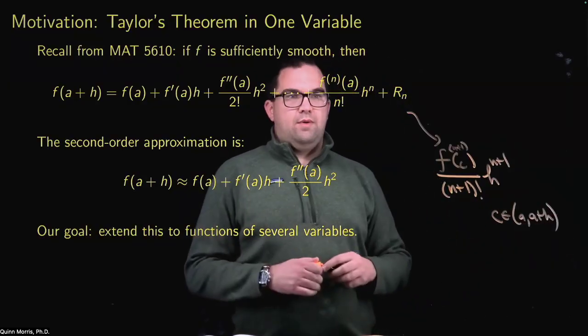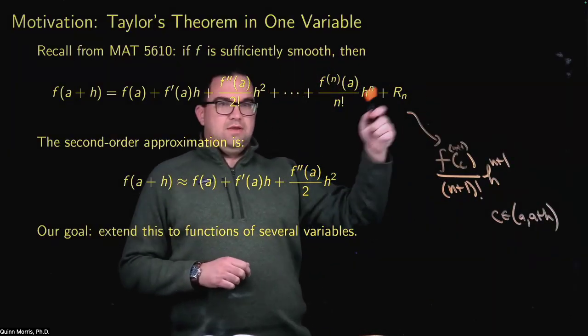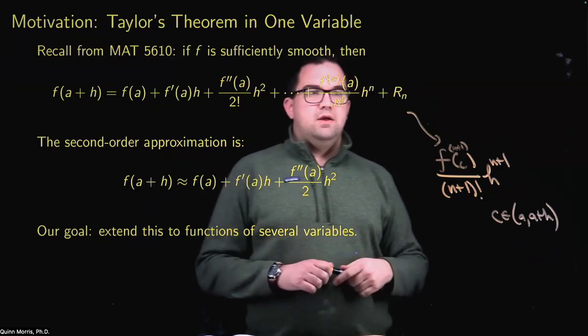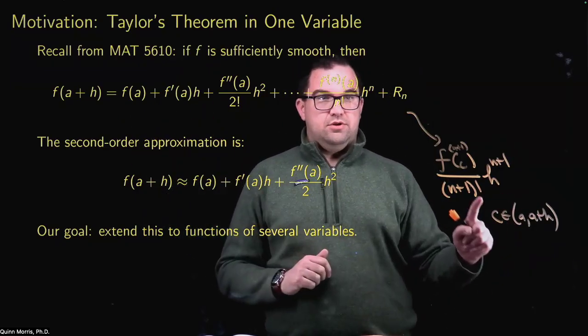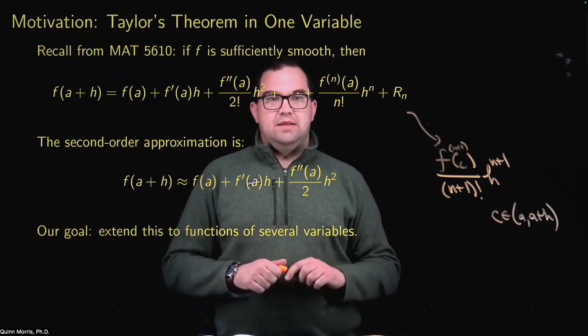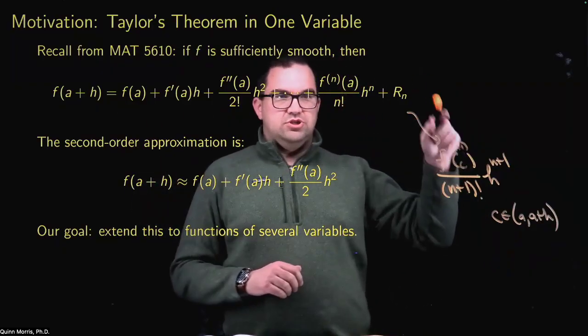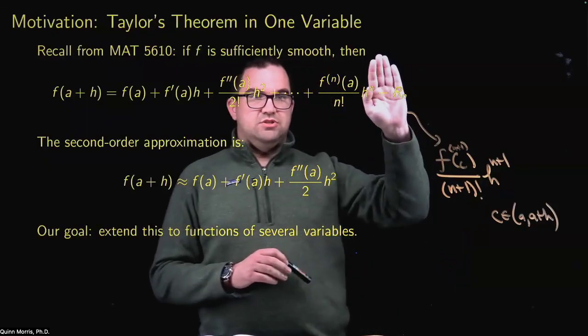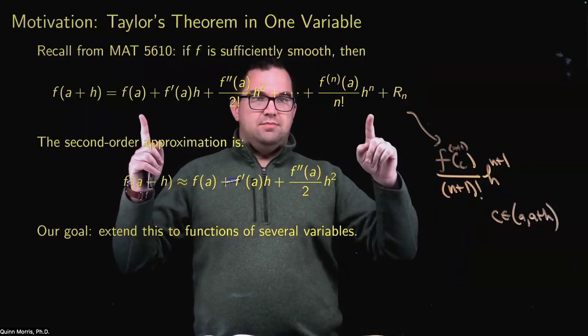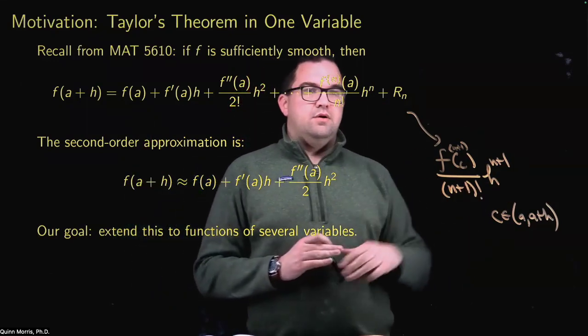So we saw ways of dealing with this sort of remainder term. This would then give us an exact equality, for some particular c. Or you could otherwise just characterize the error in the approximation.